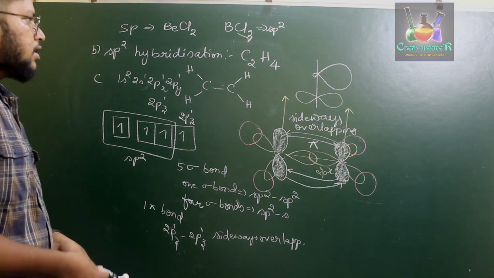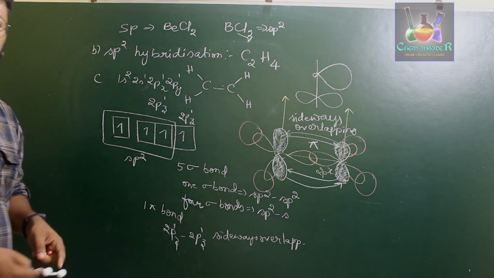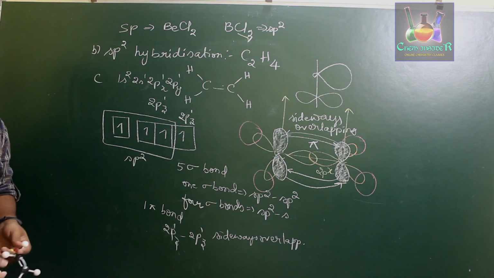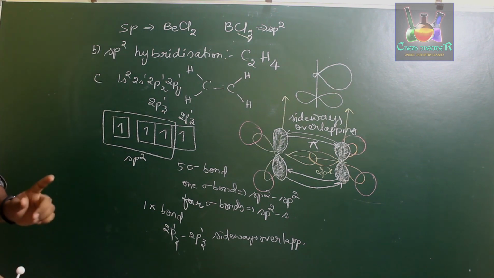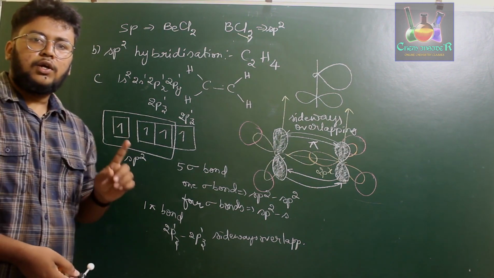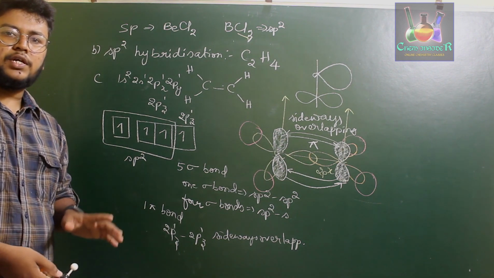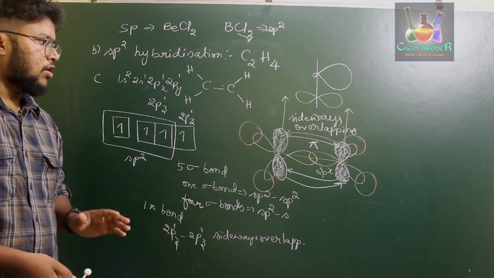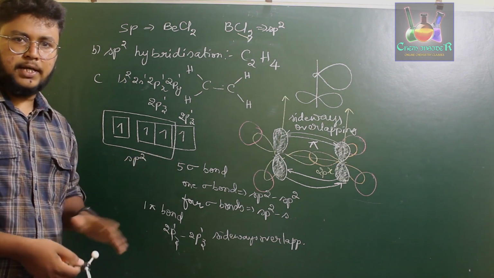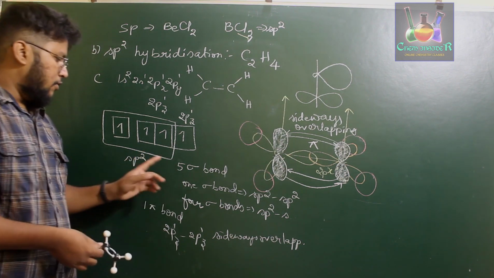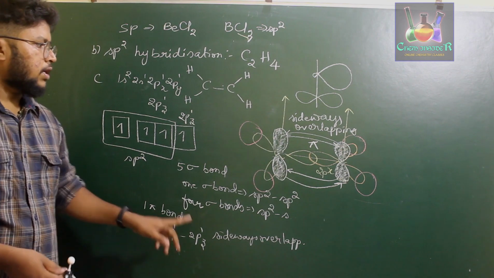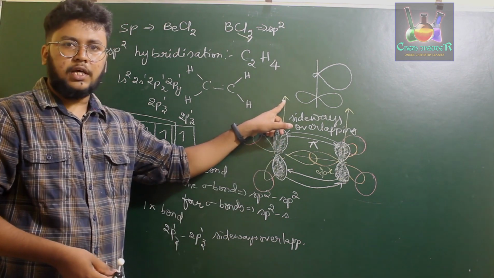So the C2H4 molecule undergoing sp2 hybridization has 3 sp2 hybrid orbitals and one 2p orbital which has an electron and is not undergoing any hybridization. And remember, if you write 2pz over here, indicate the z-axis in this direction.